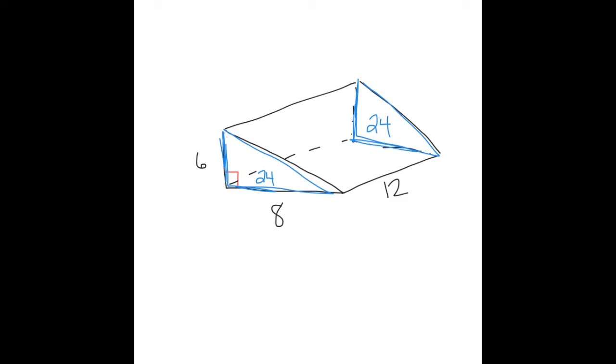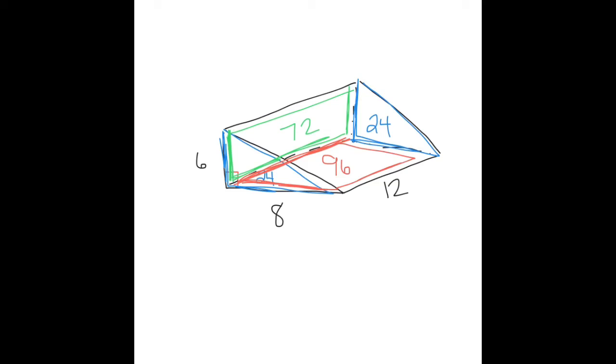But then I have this face in the back, which is 6 units tall and 12 units long, and 6 times 12 is 72. But then I have the bottom face, which is 12 units long and 8 units wide, and 8 times 12 is 96.